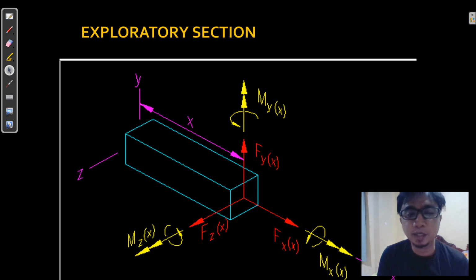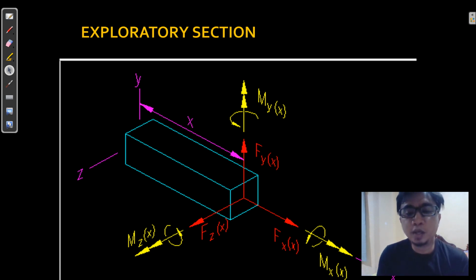So when we say parallel, it is on the axis of the body itself, along the axis of the body. And then we have an axis that is vertical, say Fy, and then we also have Fz, or the Z axis.